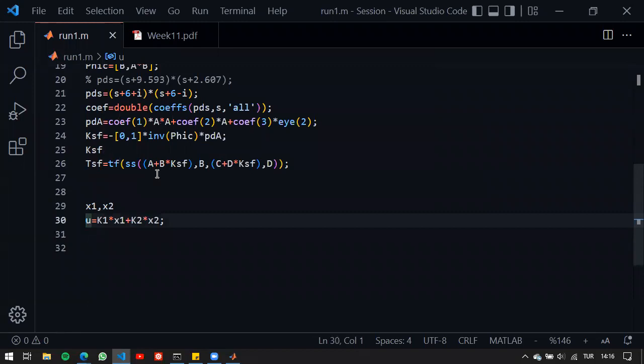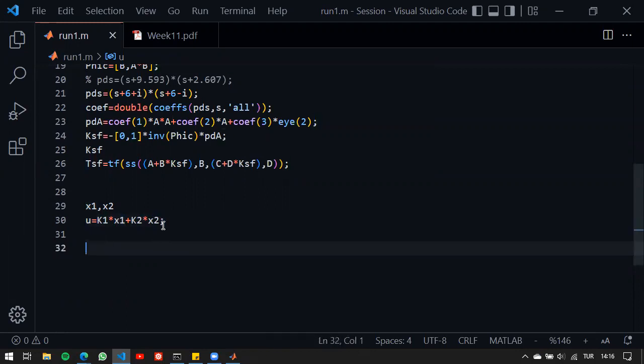Now, assume that we have a controllable system. We have designed our controller and we know what K1 and K2 should be. The problem now is to implement this controller. And during the implementation, we have to measure X1 and also X2.